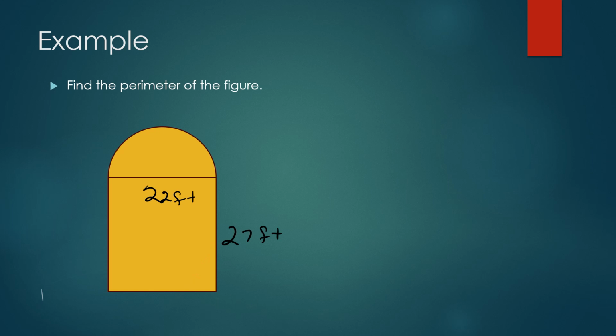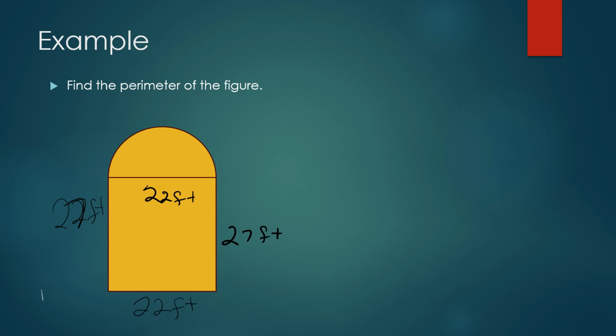If we know this is 27, we also know, by definition, that this is 27, because what we have is a rectangle. Do we know this side here? Yes, we do. We have a rectangle, so this must be 22 feet.